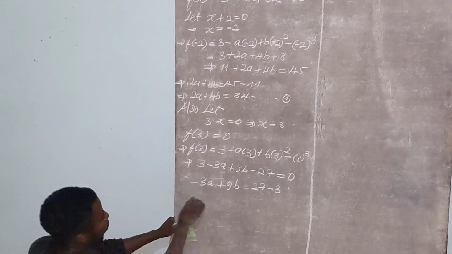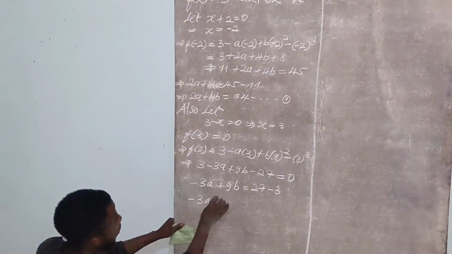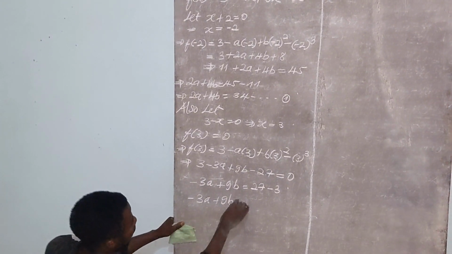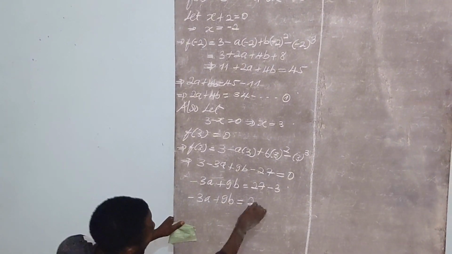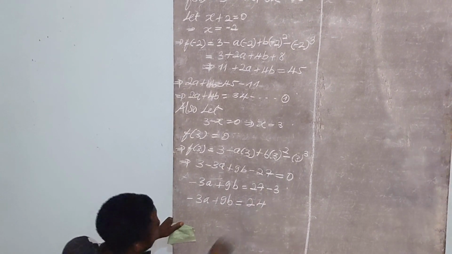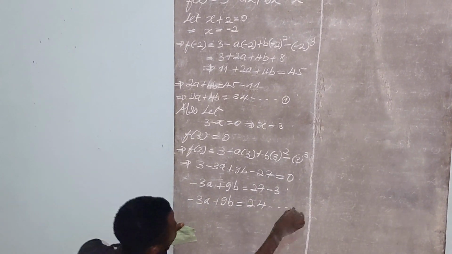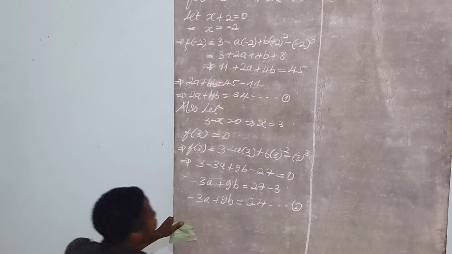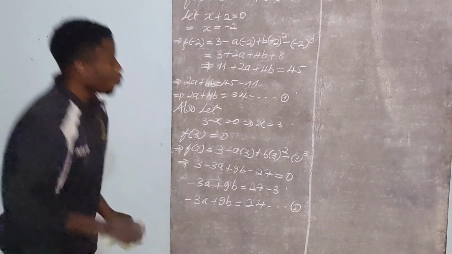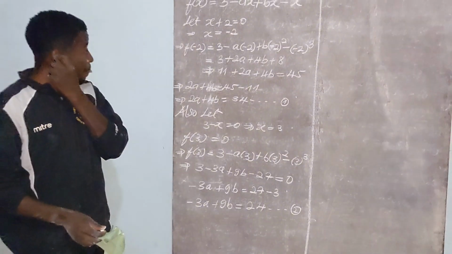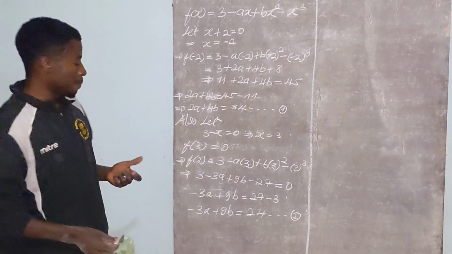So finally, the second equation is minus 3a plus 9b equals 24. So this is equation 2.